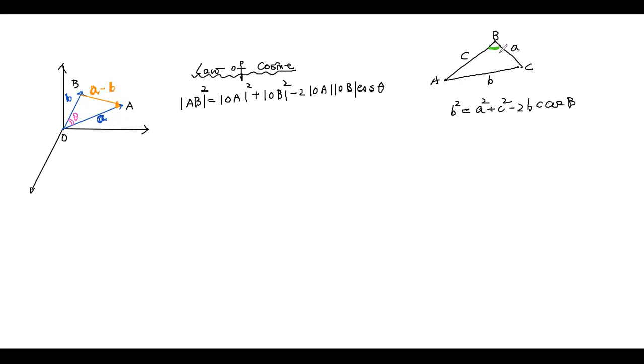That's the law of cosines. So what is this AB segment? AB segment is vector A minus vector B, squared.